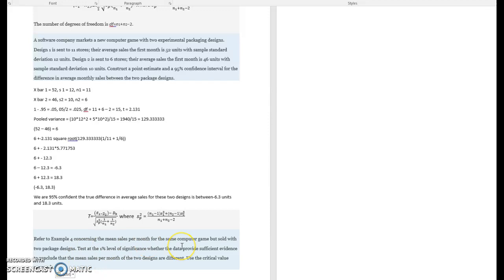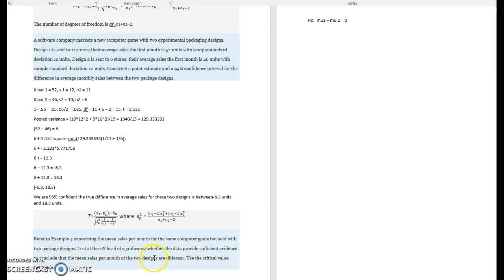Now, our null hypothesis is going to be that there's no difference in the sales of these 2 package designs. So up here, I'm going to put H0 is that mu1 minus mu2 equals 0. If there's no difference, the average sales when we subtract them will be 0. But notice that we want to tell whether or not they're different.